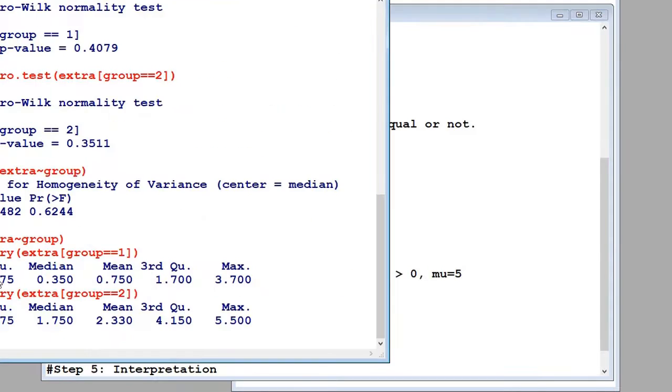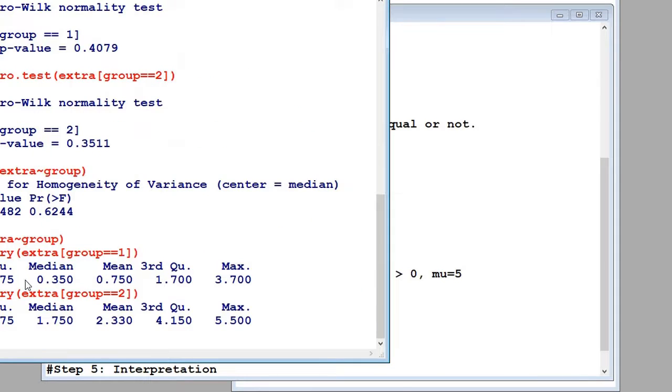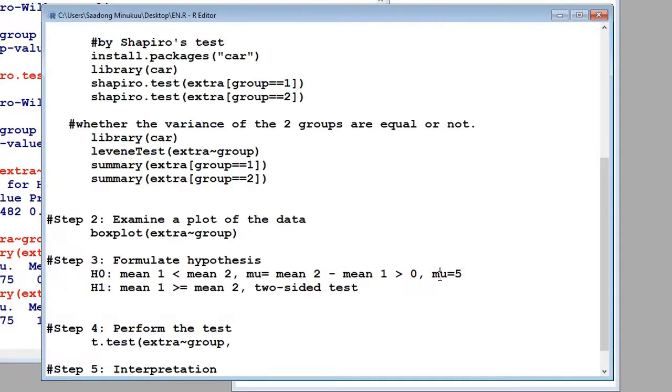We cannot calculate the sample difference and use it, because that would not make sense; the means we are talking about are not the sample means but the real population means, which we do not know. So we just say mu here should be equal to 5, but it's based on certain reasons.